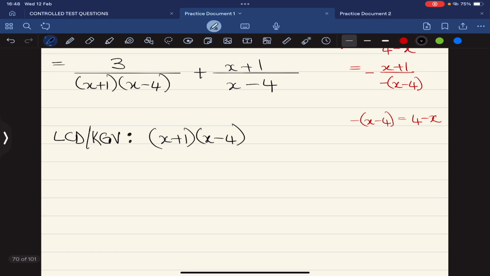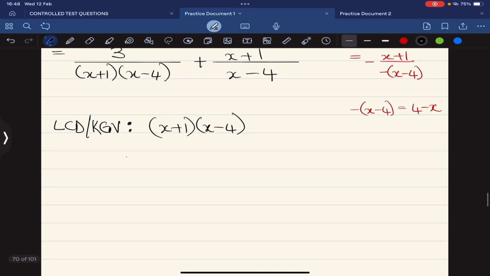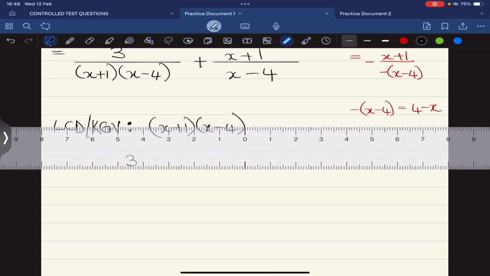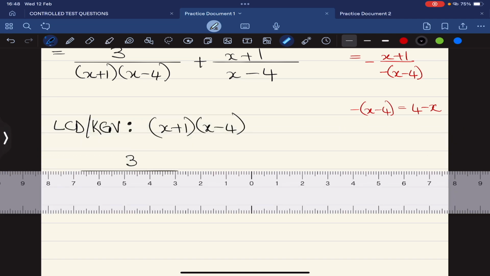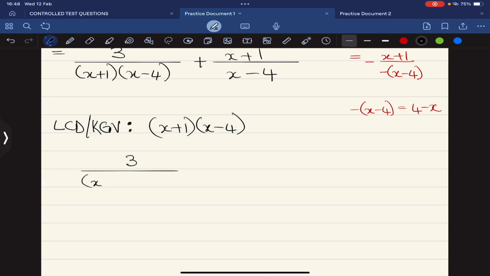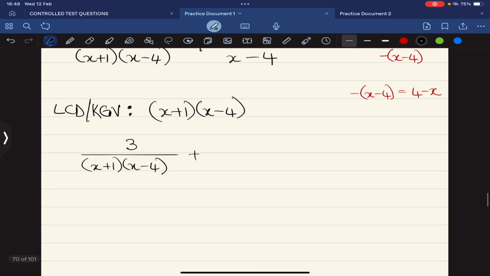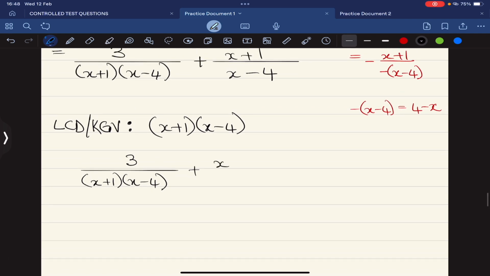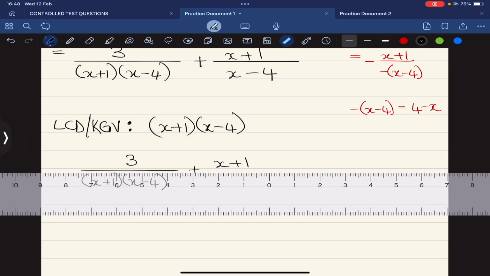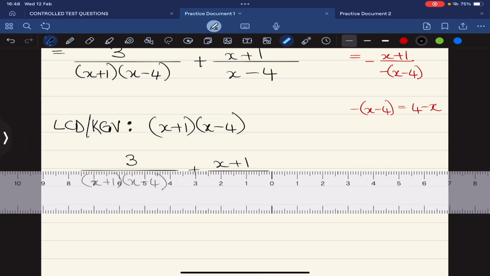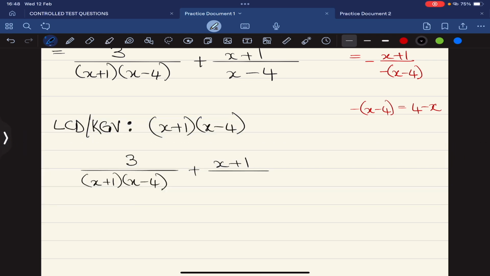So my first fraction already has that denominator, so I will just rewrite it. And my second fraction, I'm going to multiply the second fraction's denominator and numerator with x plus 1.